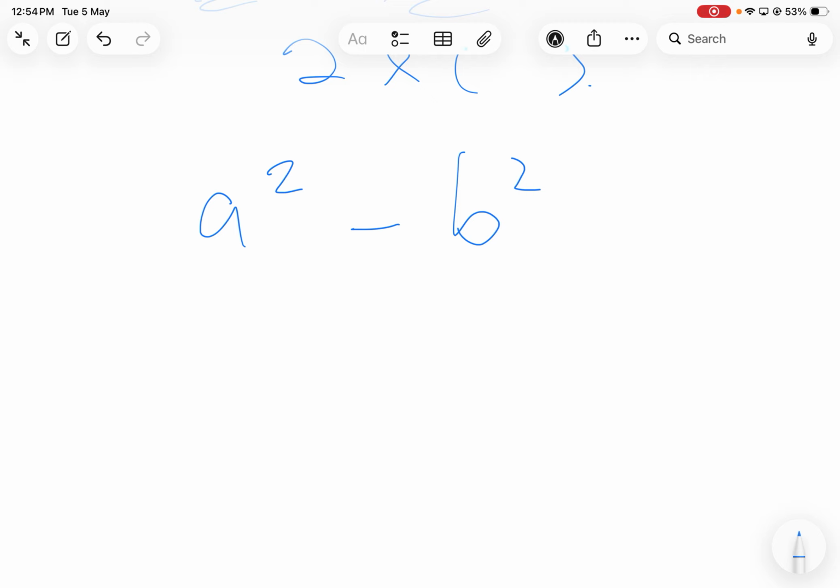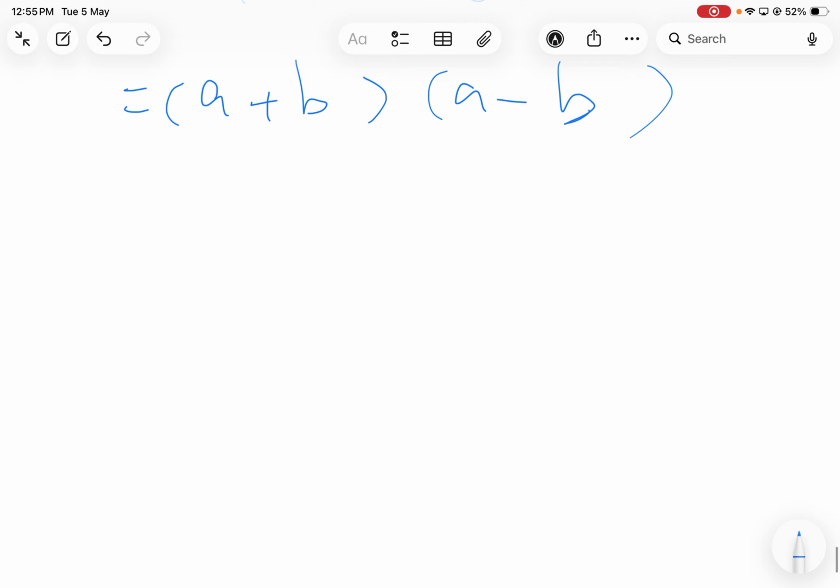How? A plus B, and then A minus B. Okay, good. This is the special identity that I told you, the only one that you really need to remember. Difference in squares. When you have something square minus something square, you must remember this factorization. This is the only one that is more special out of your special identity.